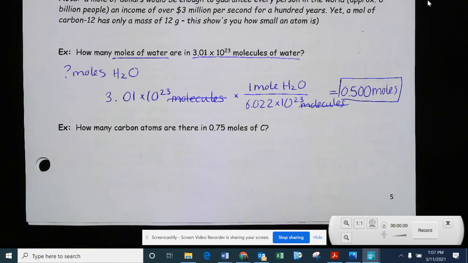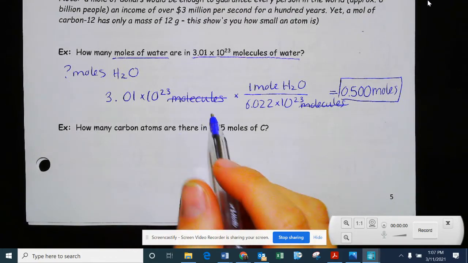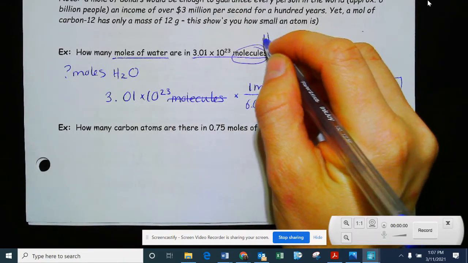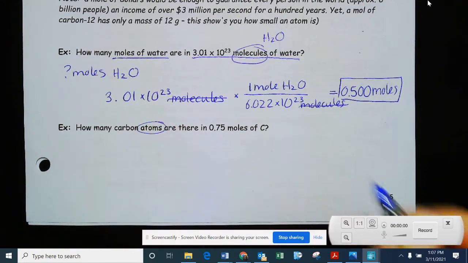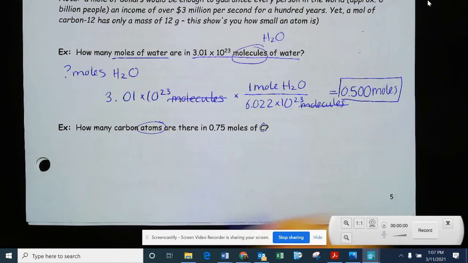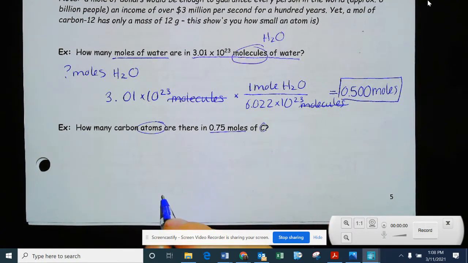Okay, and in the next question, we're going to figure out how many carbon atoms. In the last one, we said molecules because water is a molecule. In this one, we're saying atoms because carbon is just a single element, a single atom. So how many carbon atoms are there in 0.75 moles of carbon?